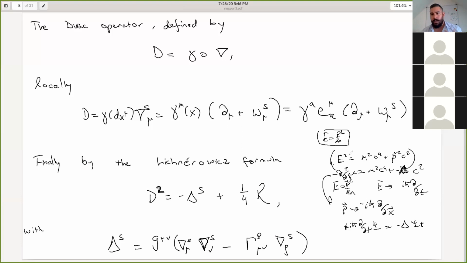Dirac was thinking a long time about this, and he figured out, well, this plus-minus business comes into place because you're taking the square root of something quadratic. So how about I just take the square root of this equation, and then I proceed to do my quantum mechanical considerations. And when you take the square root of that, this is exactly what the Dirac operator gives you. And it is solved really beautifully.